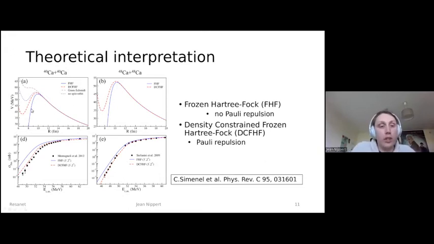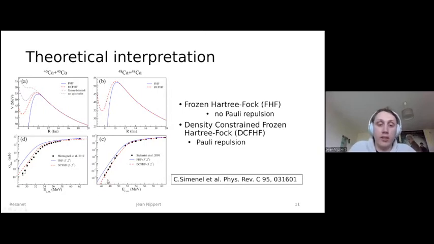Basically, what you can see is that in the potential, the Coulomb barrier is wider, and a wider Coulomb barrier means a lower cross section. In the results, it seems to work quite well for calcium-48 plus calcium-48.